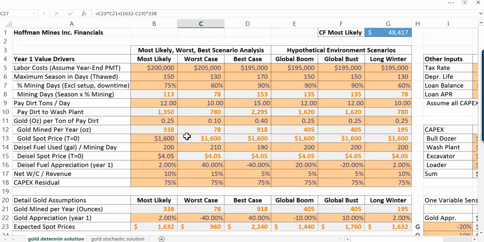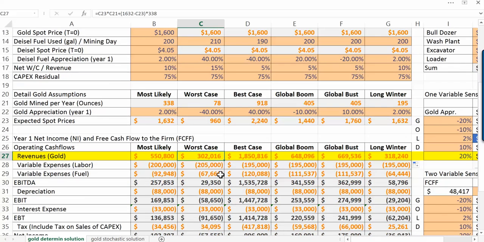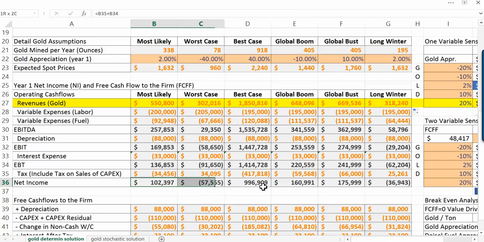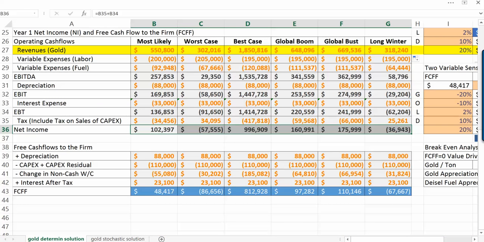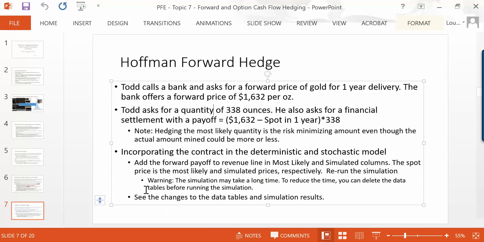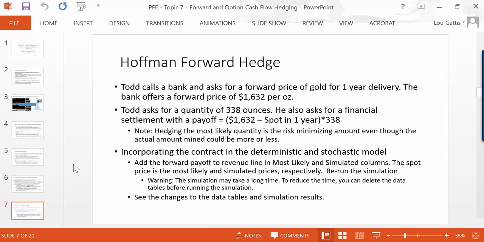He's not getting his 338 ounces, he's getting 78. But what you see is across all these scenarios, the risk is much less. So that's how we can incorporate the fact that Todd has just entered into a forward contract to sell all his gold, the expected amount, 338, at 16.32.